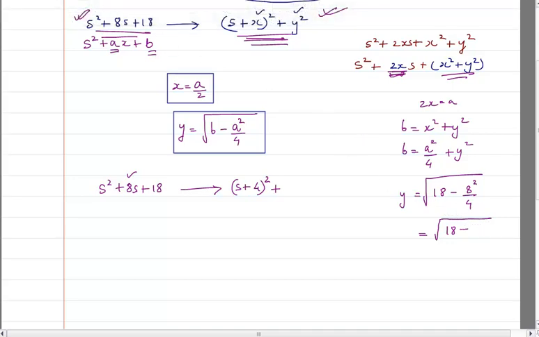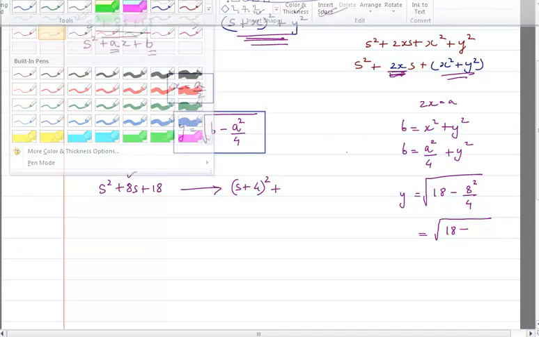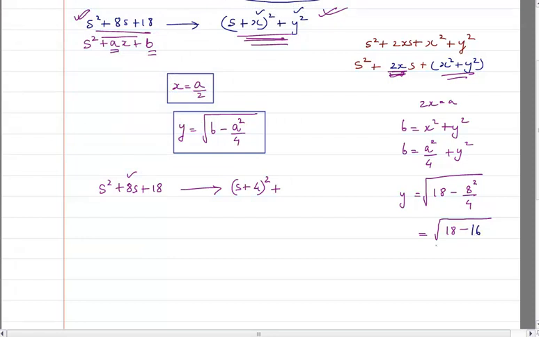Root of 18 minus 16, and that will give me an answer of y as root 2. So I will get (root 2) square, which you can write as 2, but here I am going to write (root 2) square. So I have converted it into this form.